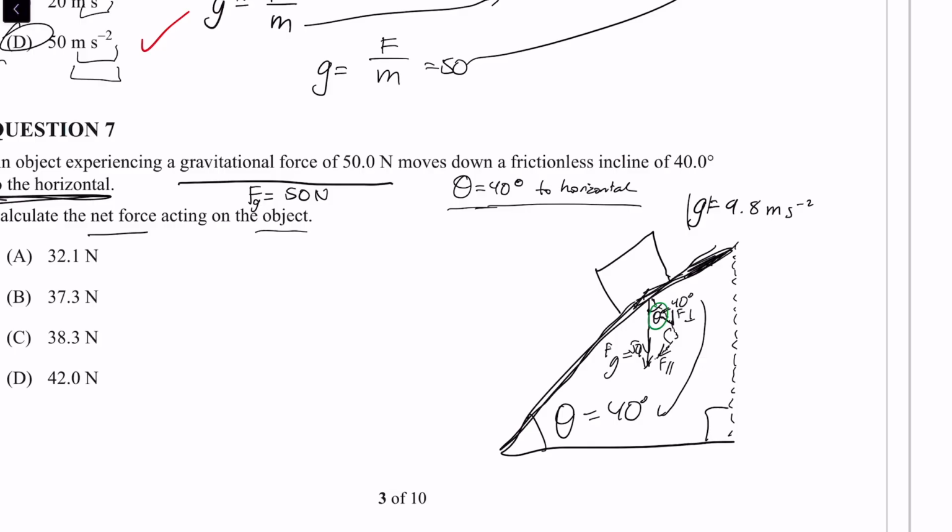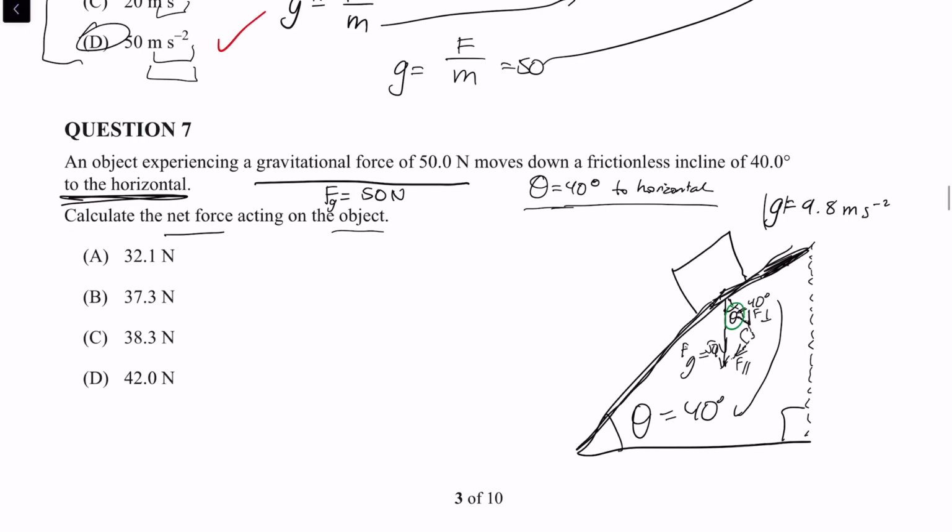So moving away from my little tangent, we were trying to find the net force. If the object is moving down a frictionless incline, then there's no friction, no opposing force here. That's basically 0 newtons, non-existent. In the real world it's not like that, but in physics questions it is, especially if they mention a frictionless incline.